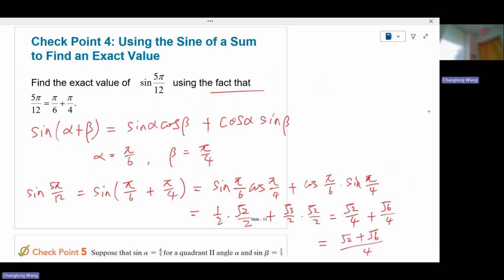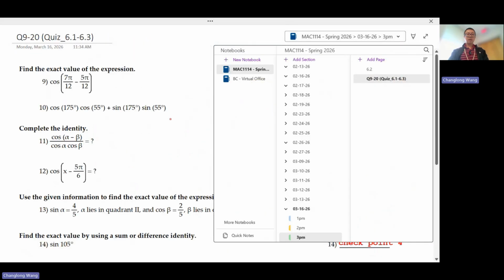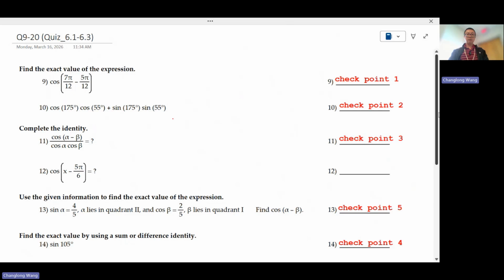Turns out that we've done 4 checkpoints, and they will be very good reference for you to try some of the quiz questions in the packet, right? So before I forget, I better share with you so that you guys hopefully will get started trying those quiz questions. You don't have to do it all now.